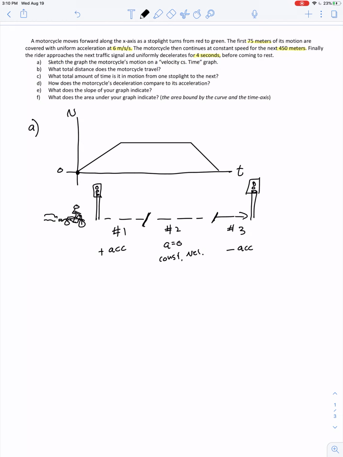Okay, so we have intervals 1, 2, and 3 that correspond to the intervals described in our motion diagram. Okay, and that's as much as we can do.